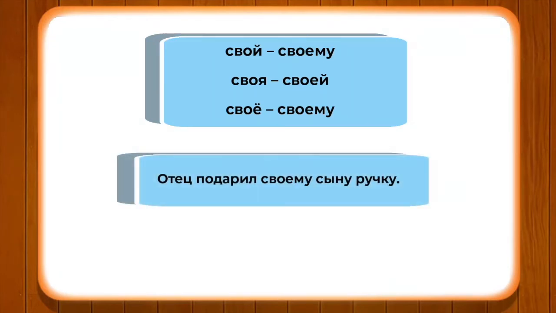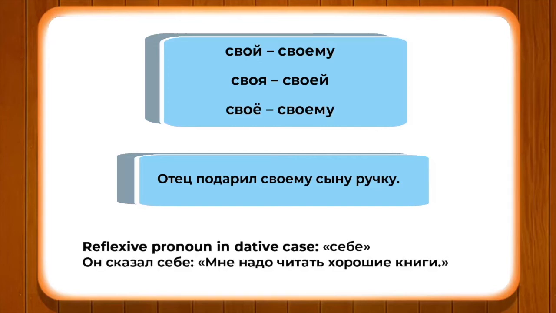Father gifted his own son a pen. So, with this example we have understood the relationship between the dative case and swoi.